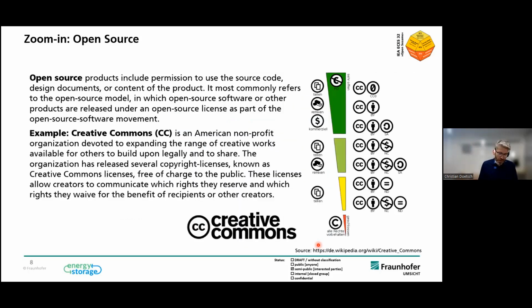So let's come to the next point. We called it open source. That's very important. We want to give all the results and all the modeling as open source to the open source community. So we are looking at this Creative Commons legal system here on the right-hand side.